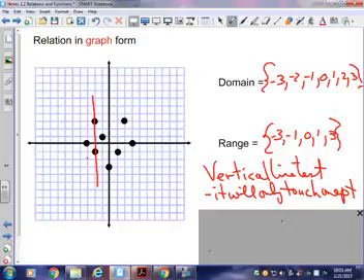If it touches more than one point, it's not a function. So this one is not a function because it touched those two on -2. Now, I don't care what it does across. I'm talking about up and down because that's what makes it not a function. You've got two dots on the x's, and they have two different answers. Does that make sense?